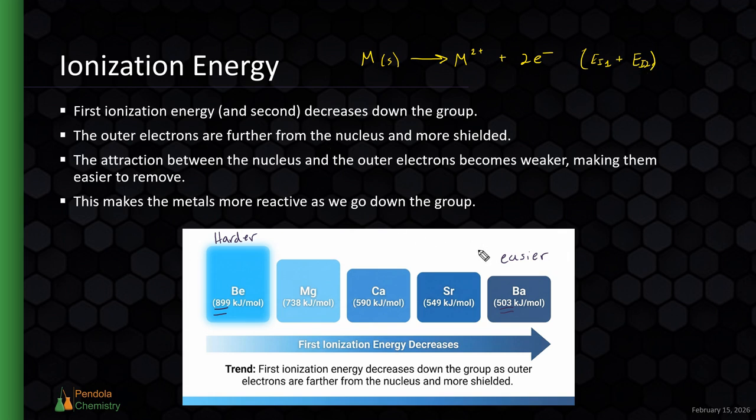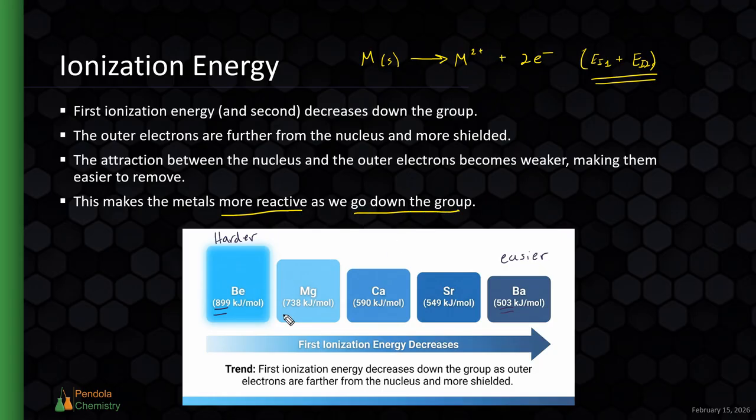And that is going to become easier as we move down the group, because this is going to be a smaller amount of energy for barium than it is for beryllium. And again, that's because the distance from the nucleus increases, and so does the shielding. This makes those elements more reactive as we go down the group.